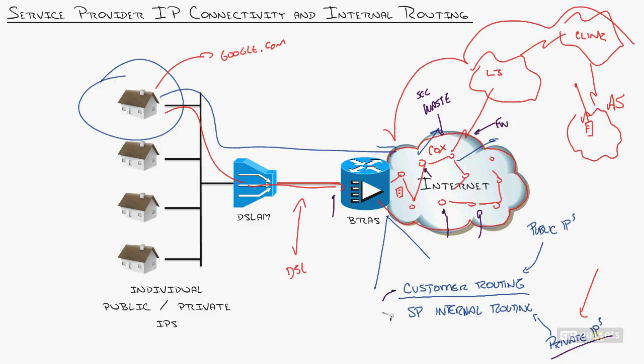Customer routing versus internal routing really depends on the kind of routing protocol that you're using. Public IP addresses in a carrier are typically routed using BGP, the Border Gateway Protocol, essentially the protocol that ties the entire internet together and allows all these different carriers to connect. I mean, come on, it's an amazingly complex environment when you look at the internet as a whole, but if you take a giant step back, it's really simple.